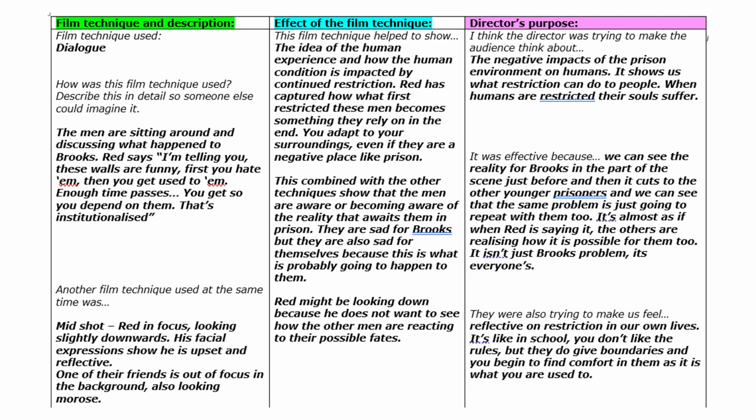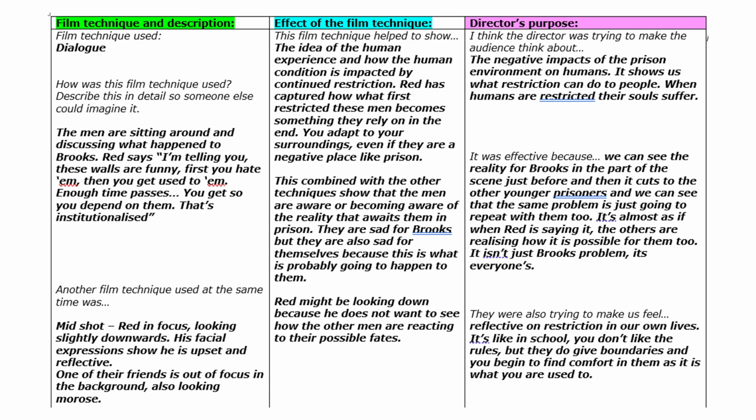in The Shawshank Redemption. So as you can see, the film technique identified as dialogue, and then they have described when the dialogue is said, who says the dialogue, and exactly what the dialogue is, so they have quoted it. Then they have identified another technique, which is a mid-shot, and they have described what is in the mid-shot.